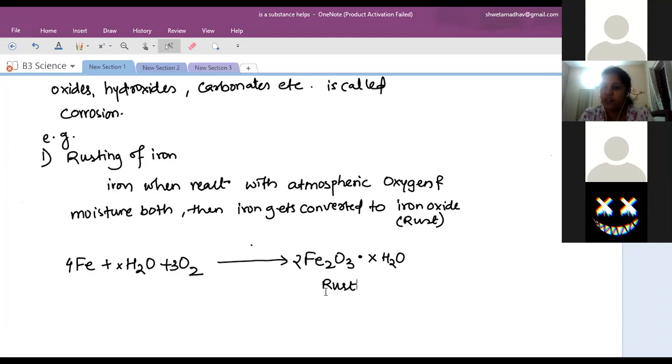This process continues, and in that area you will see a hole. We use iron in many places and the articles get rusted, and there is a huge loss the person or the government has to incur, because there are many things made up of iron that remain useless after that.